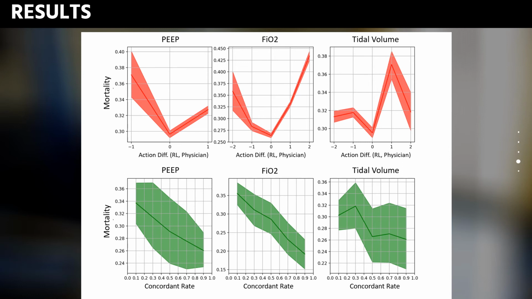This would give a V-shaped curve, which we found for all 3 ventilator settings using our RL model. The bottom green plot shows the relationship between mortality rate versus the concordance rate. Say, if a physician always follows the RL recommended action, the concordance rate will be 100%, where mortality is lowest.